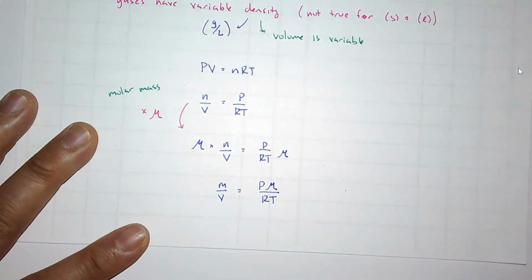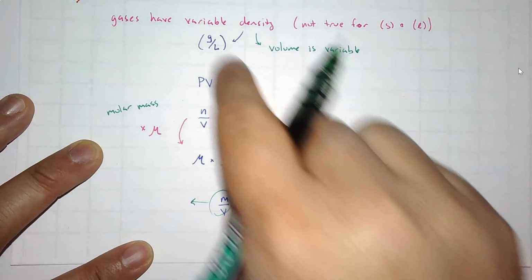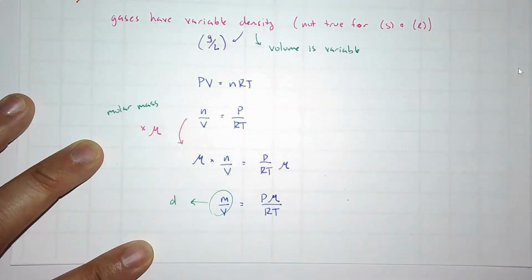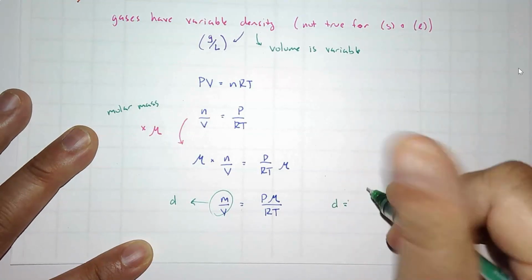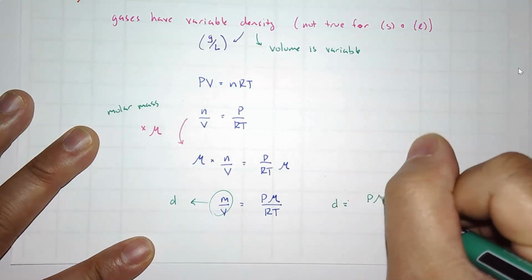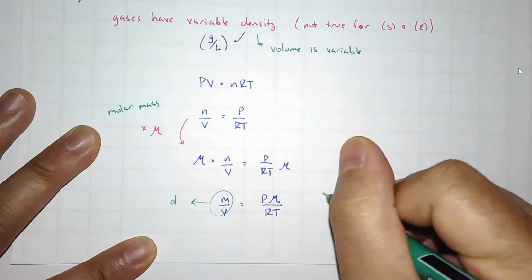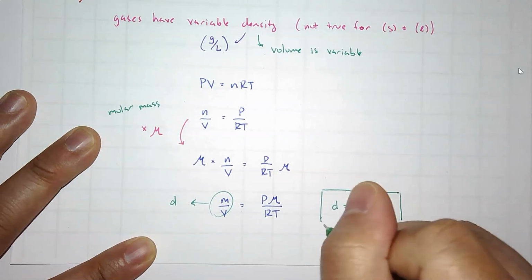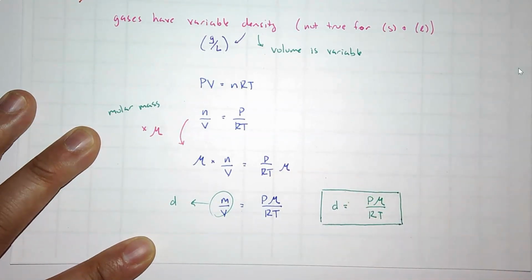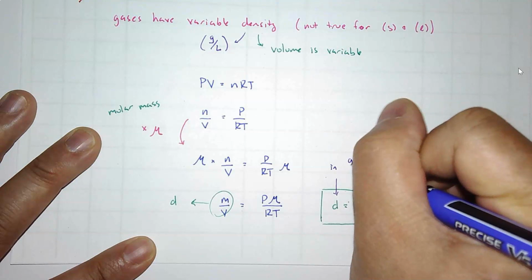You know what this is? That's density. That's grams per liter. This is D. So your final equation is D equals pressure times molar mass of the gas over RT. What's important is, because we're using these variables that describe gases, this density is not grams per milliliter, something that you're more used to. This is in grams per liter.